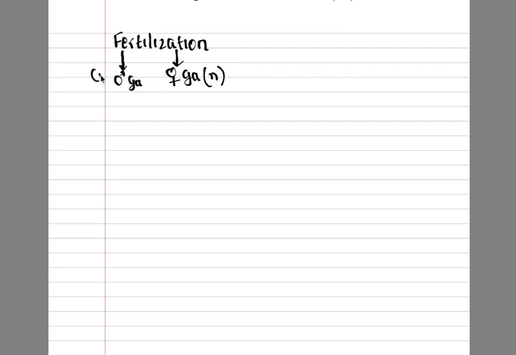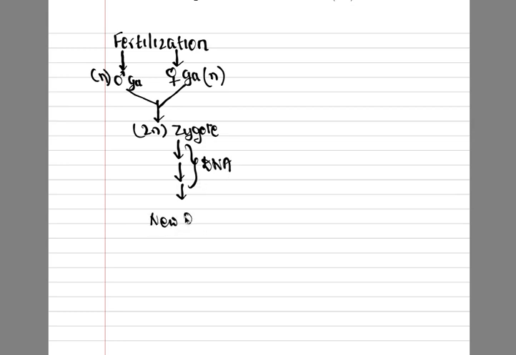These gametes undergo fusion to form a diploid cell which we call zygote. This zygote undergoes growth, cell division, differentiation according to information present in the DNA and forms a new organism.